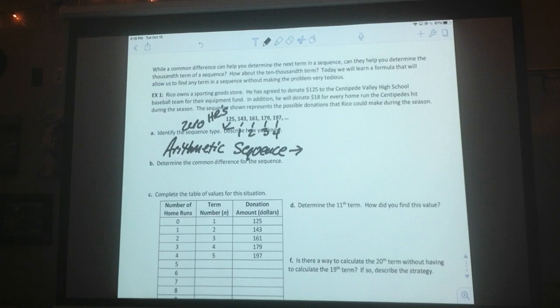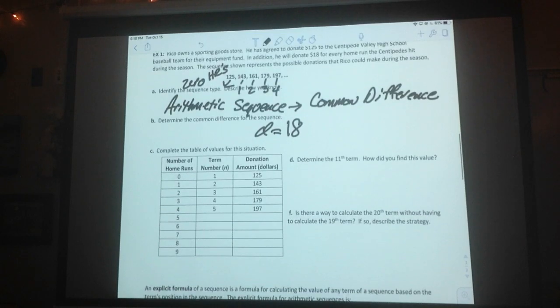So I know this is arithmetic because it has a common difference, and common really is that constant. It's moving up constantly. Determine the common difference for the sequence. Well, d is equal to, you got it, 18, because it says he'll donate $18 for every home run.